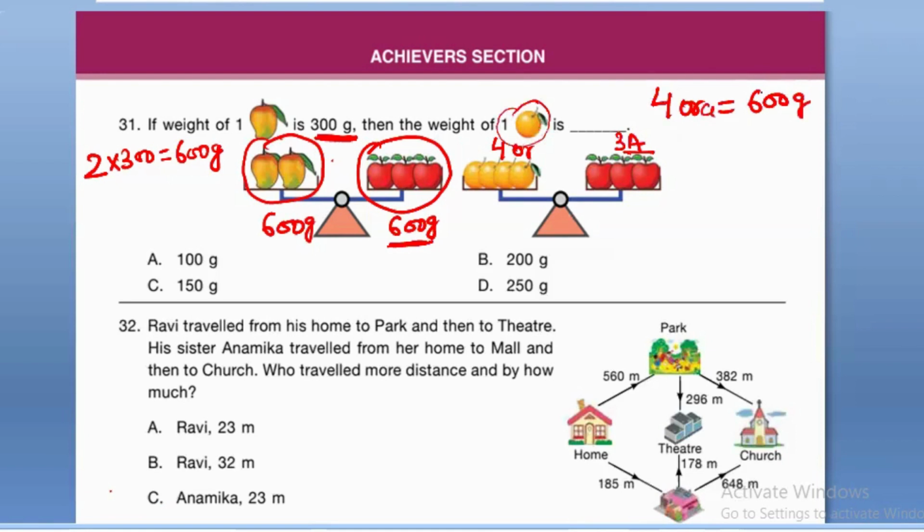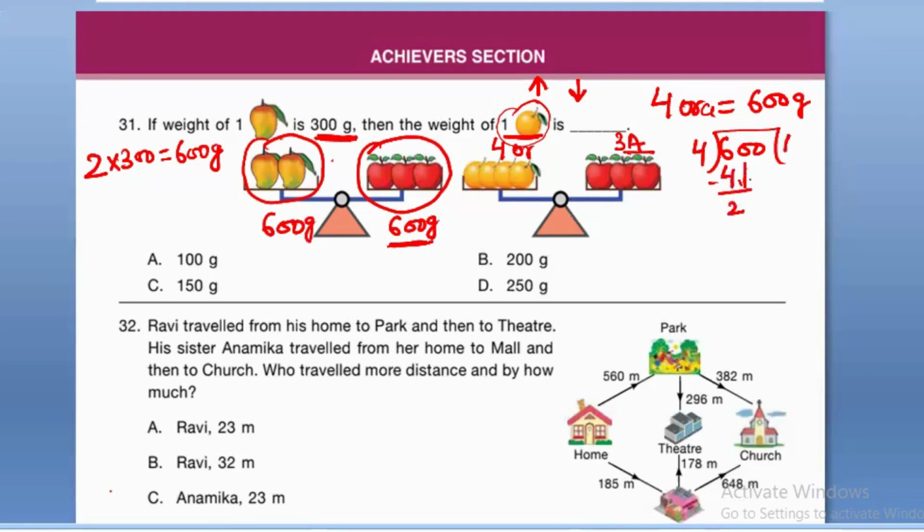For this, again, more is given and they are asking for one thing. When more is given to you and the question is asking for less, what are we supposed to do? We are supposed to divide. Now we have to divide 600 by 4. So what are we getting? 4 ones are 4. 6 minus 4 is 2.